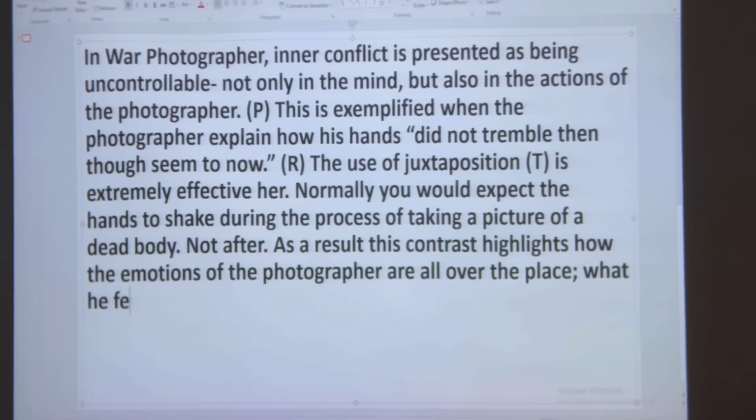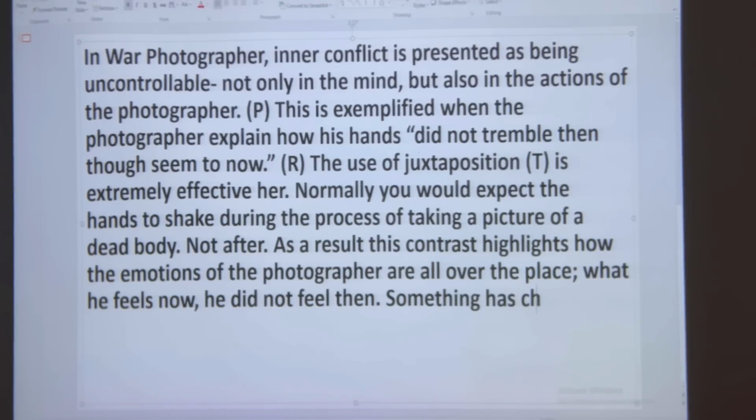What he feels now, he did not feel then. Something has changed. Alright guys, that's my reference also, that's my explanation also complete. So I've done my PRTE. Now I move on to my comparison.